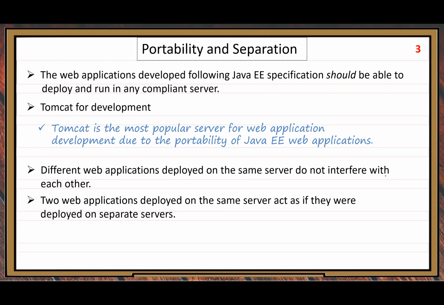Then, two web applications deployed on the same server act as if they were deployed on separate servers. If you want to access another web app in the same server, you have to use the URL, because the URL is the external one.